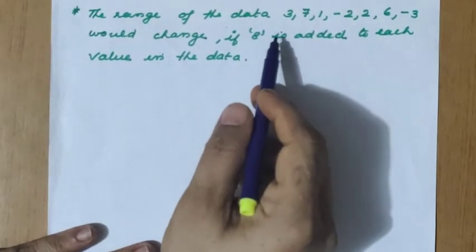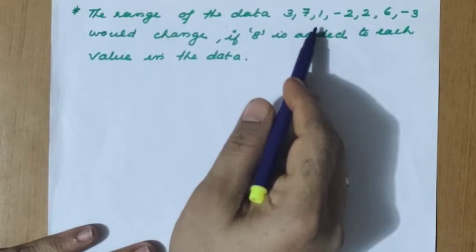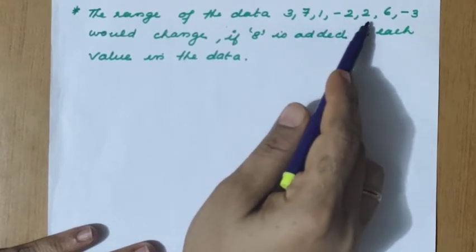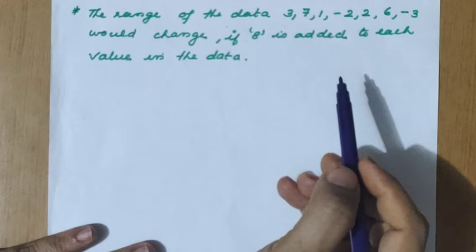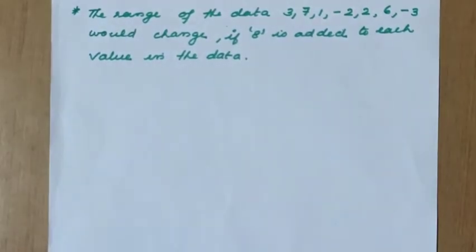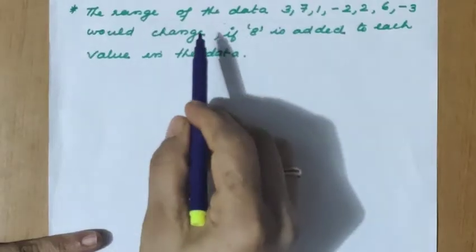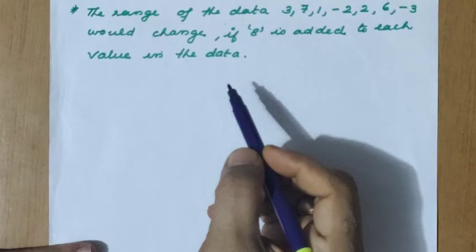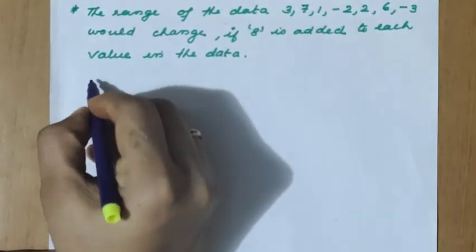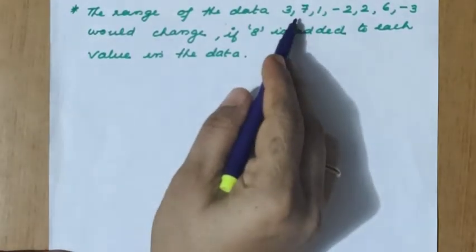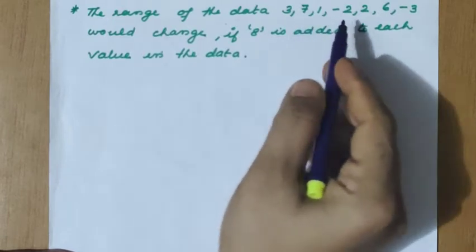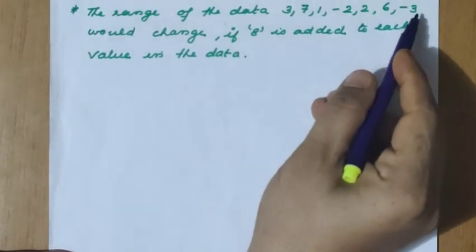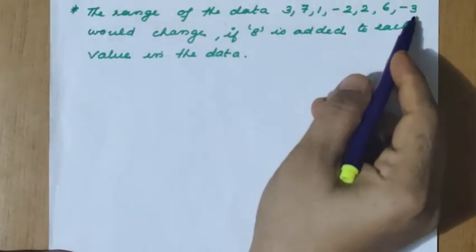The range of the data 3, 7, 1, minus 2, 2, 6, minus 3 would change if 8 is added to each value in the data. The range will change if 8 is added to each value of the data. So let us calculate what is the range in the first case. So 3, 7, 1, minus 2, 2, 6, minus 3 are the data only.